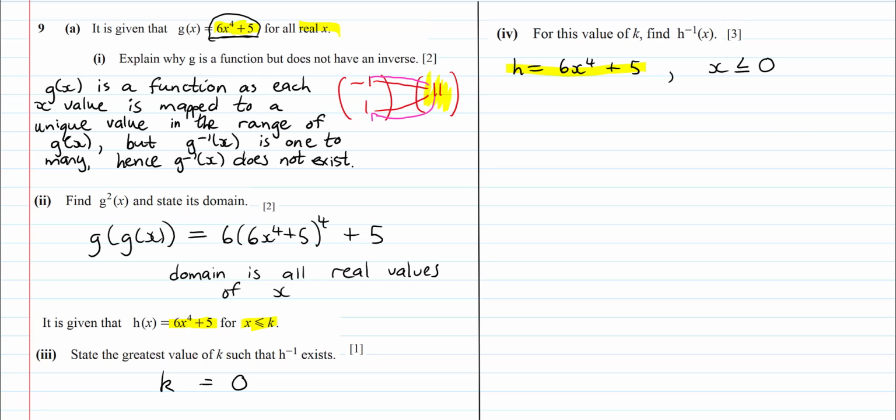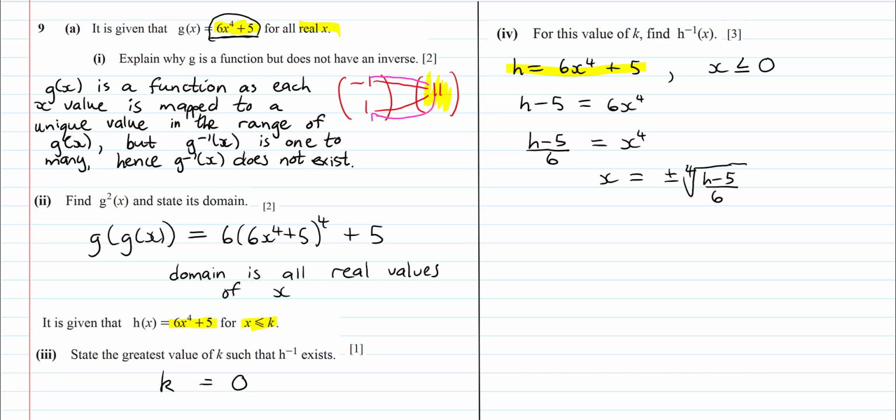So we'll start by taking off 5 from both sides. We have h minus 5 is equal to 6 times x to the power of 4, and therefore h minus 5 over 6 is equal to x to the power of 4, and therefore x is going to equal plus or minus the 4th root of h minus 5 over 6.